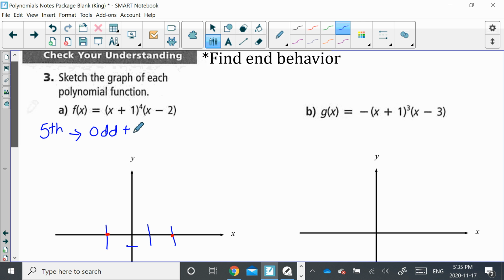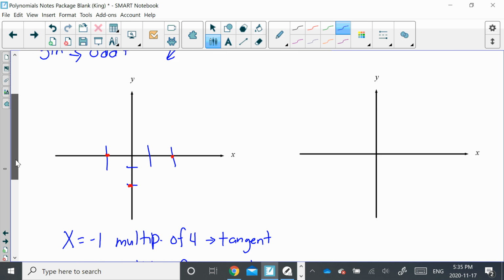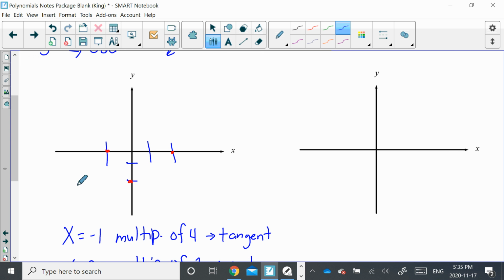So for a graph that has an odd degree and a positive leading coefficient, the left arm falls and the right arm rises. So it's going to look something like this.